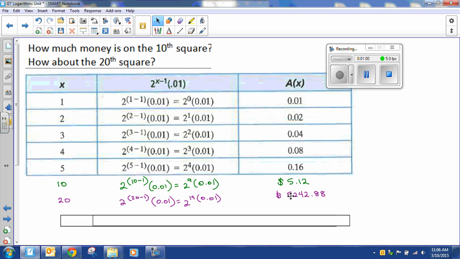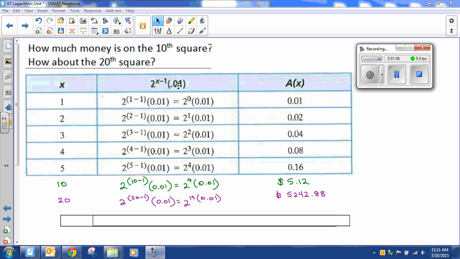You have far exceeded what you would get in 30 days of $100. So as you can see, when you use this function, you could just jump to whatever day in the month you're trying to calculate how much money you get. So that's kind of a cool introduction to exponential functions.